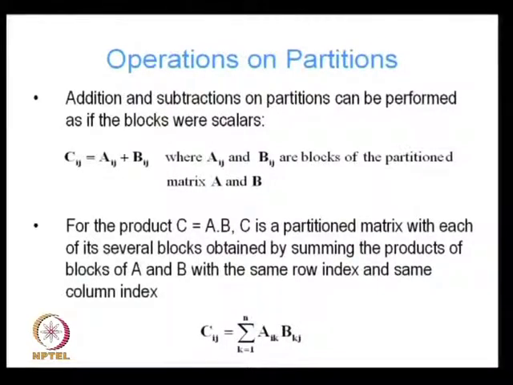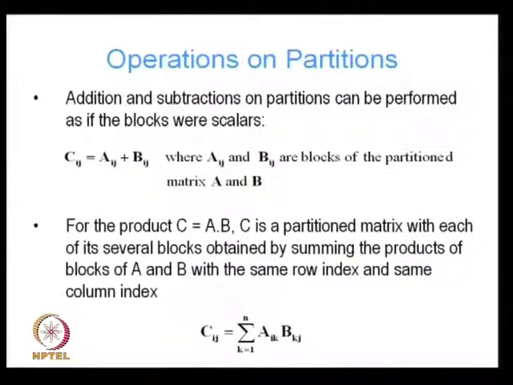If we want to evaluate the product C of two matrices A and B, where A and B are partition matrices, then we obtain the product by summing the products of blocks of A and B with the same row index and the same column index. That is, if Aik and Bkj are partitions of A and B, we obtain Cij, a partition of C, by taking the product of Aik Bkj, summing over k equal to 1 to n.